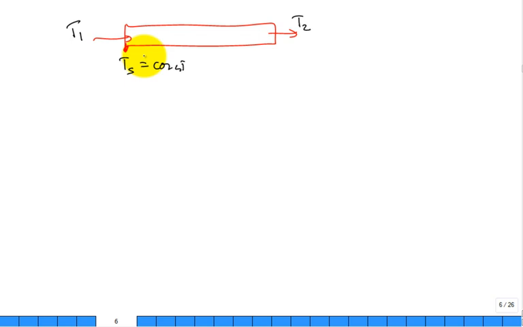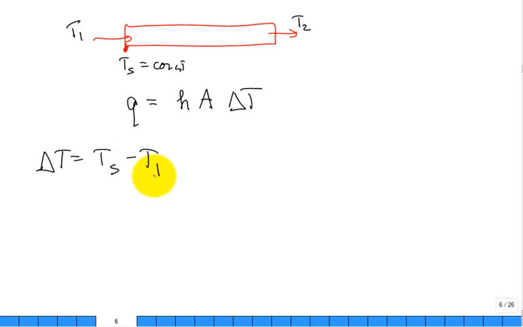Somebody would like to have a very simple equation that says the total rate of heat transfer is the convection coefficient, the total area, times an appropriate delta T that drives it. And you say, well, a good estimate of that delta T would be Ts minus T1. But then somebody else says, well, another estimate would be Ts minus T2.